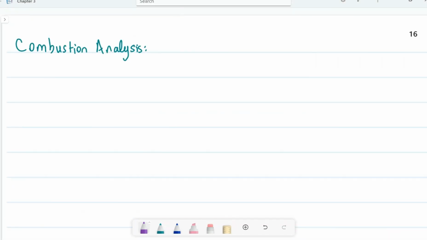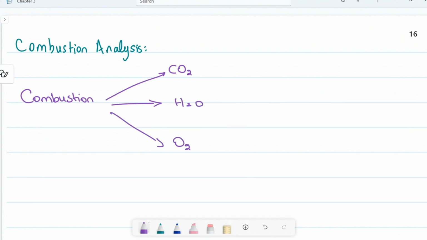And now we will move on to combustion analysis, which is very similar in technique to what we were doing just now. Just as a reminder, when combustion happens, three things are released, which are CO2, H2O, and O2. In combustion analysis, the main idea is that we will use the grams of CO2 we get, or the moles, depending on what is given in the question, in order to find the moles of carbon.